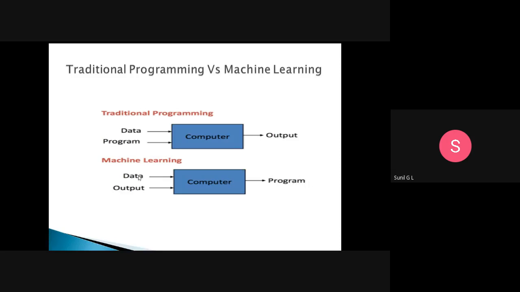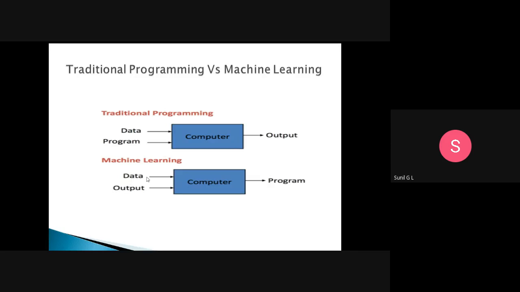Suppose for the same input data 10 and 20, the output is 200. Then the computer checks: when 10 and 20 are multiplied, the output is 200. So I need to write a multiplication program. This means the computer is learning based on the data.